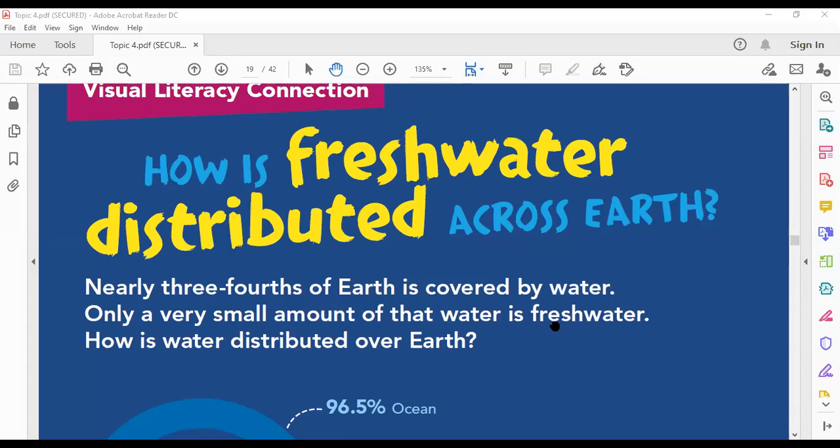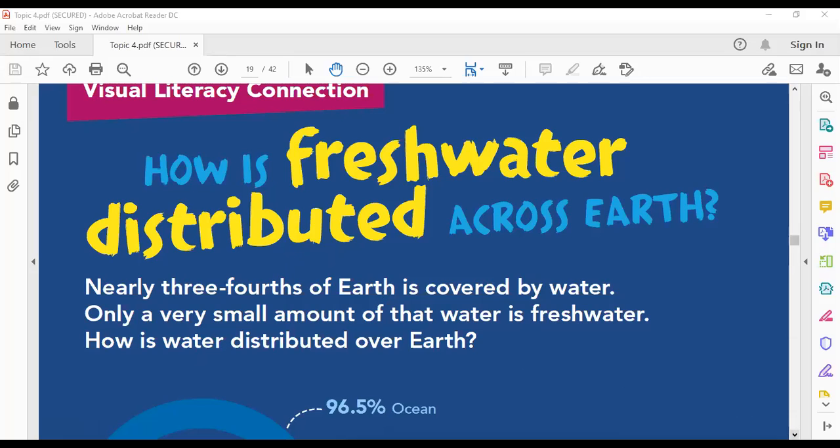We can't drink salt water. We only need fresh water. Animals need fresh water. Plants need fresh water. Humans need fresh water. So only a very small amount of all water on Earth is fresh, while the majority of Earth's water is salty.